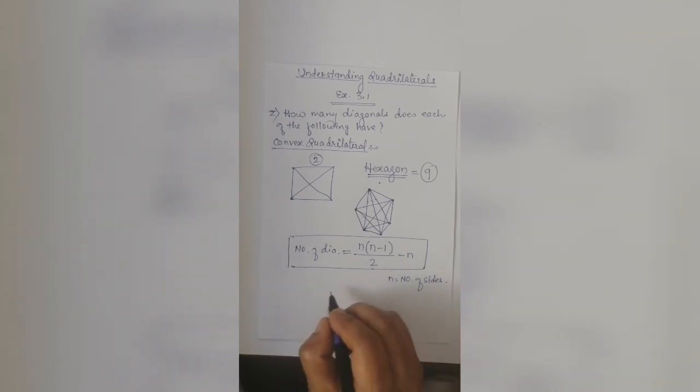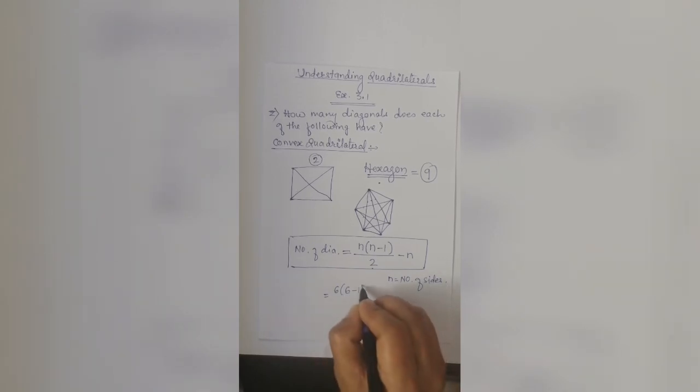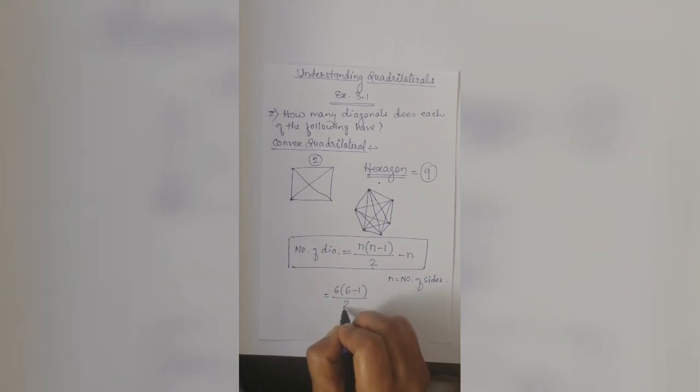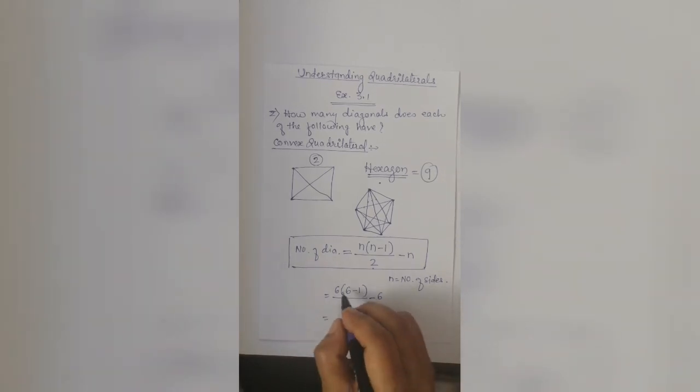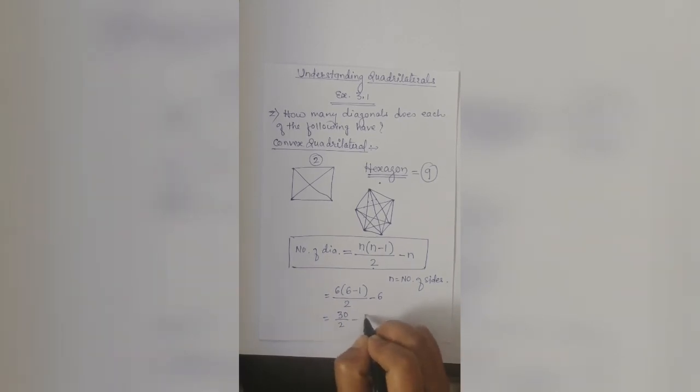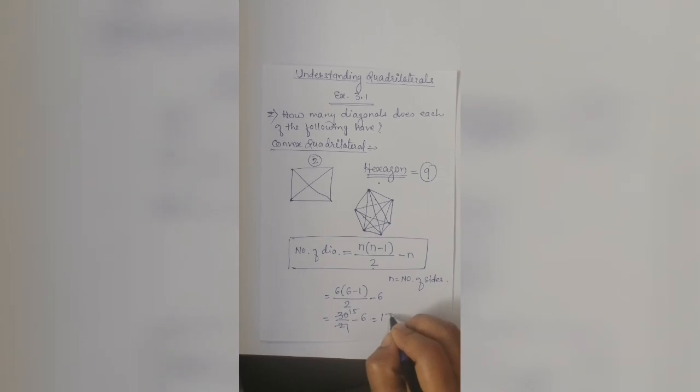The hexagon has 6 sides. That means 6 into bracket 6 minus 1, divided by 2, minus 6. 6 minus 1 is 5, 5 times 6 is 30, 30 by 2 is 15, 15 minus 6 is equal to 9.